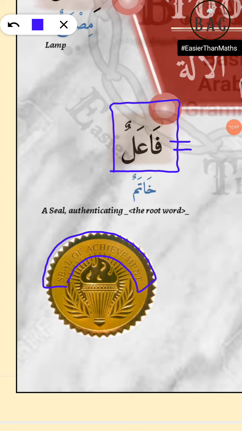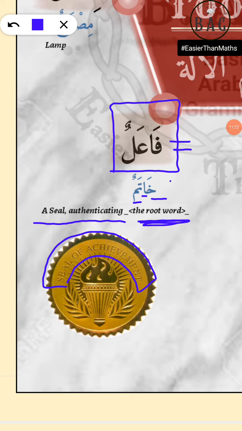For example, if you have the root letters kha, ta, and mim, it would mean the end, or ending. You superimpose these three root letters on the pattern of fa'alun, so it would mean a seal or a stamp, an authentic declaration of the end. Now, why am I saying the end?